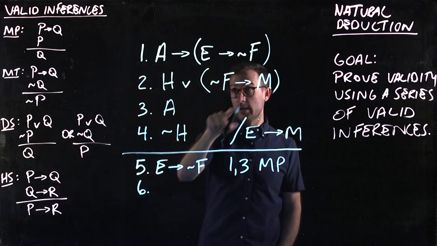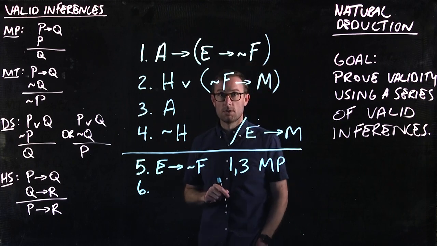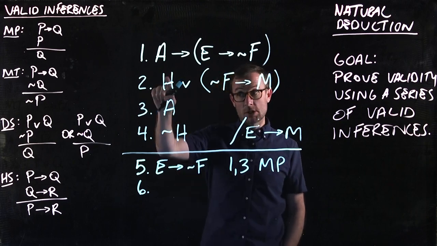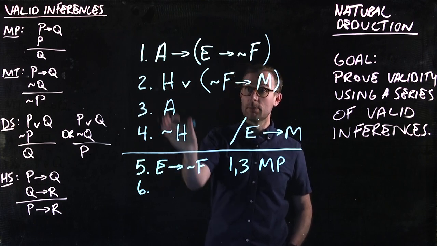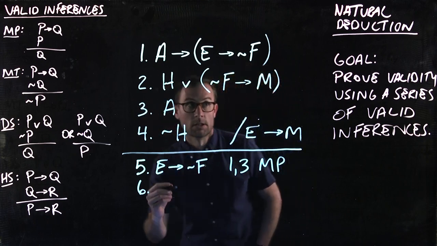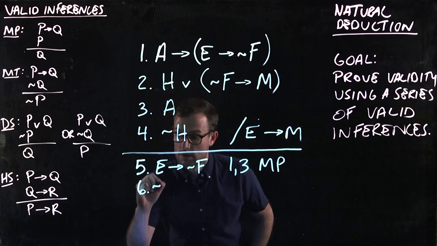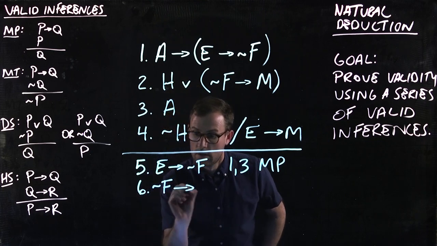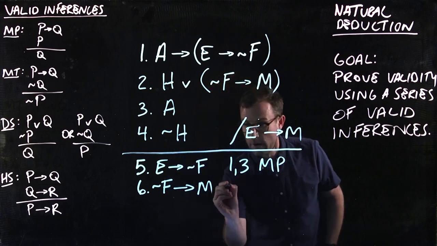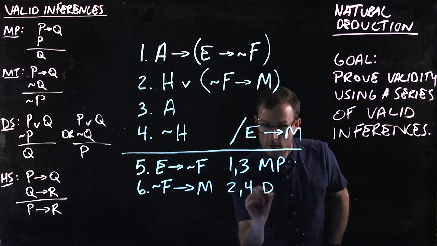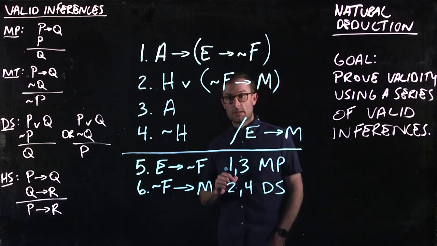In 2 here, we're going to use 4 to eliminate H. 4 tells us H is not the case. So whenever we eliminate one of the disjuncts, the other disjunct follows. So if not F, then M, and we get that from 2 and 4 via a disjunctive syllogism.